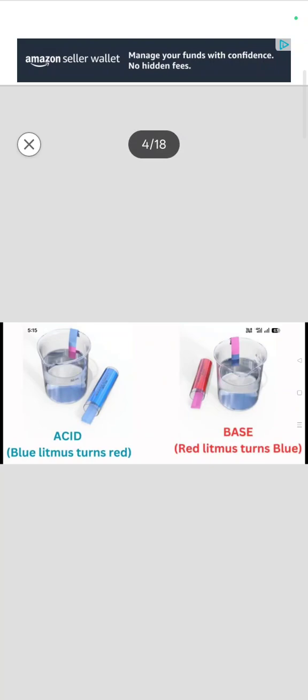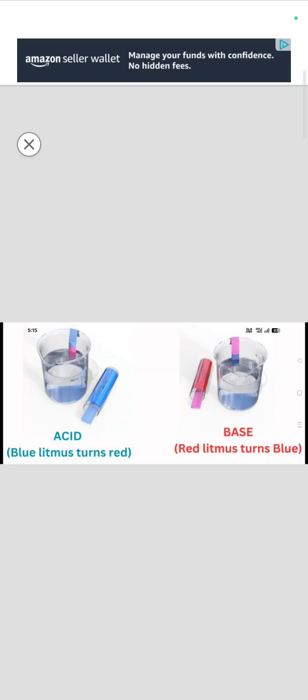See, in the figure, there are two types of litmus papers. One is blue litmus paper, another is red litmus paper. When we put the blue litmus in the acidic solution, it turns red. So from this we know that acid turns blue litmus to red.